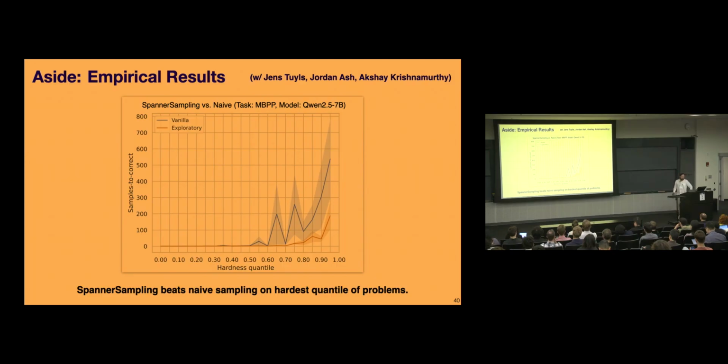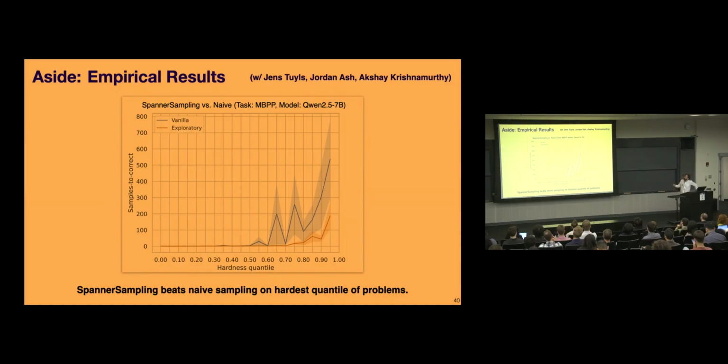So this is a plot where we've been investigating exploration techniques based on this spanner idea for reasoning problems. What this is showing is 2 different algorithms for test time sampling, comparing how many verifier queries they need to find a response with high quality.